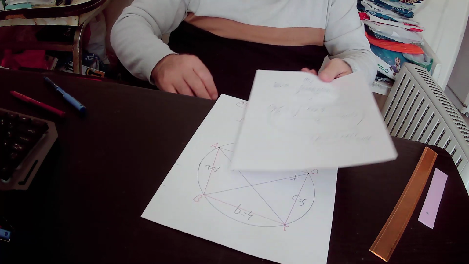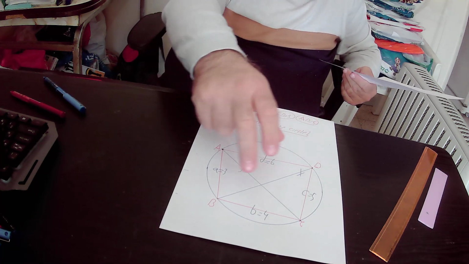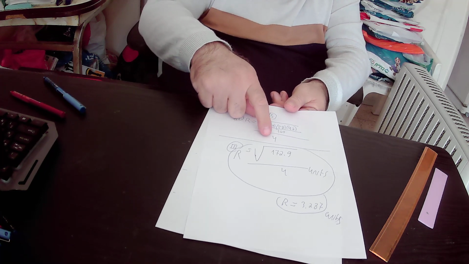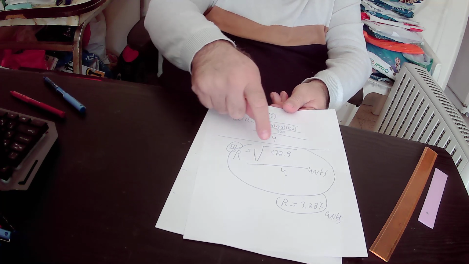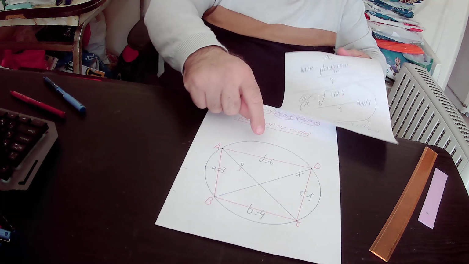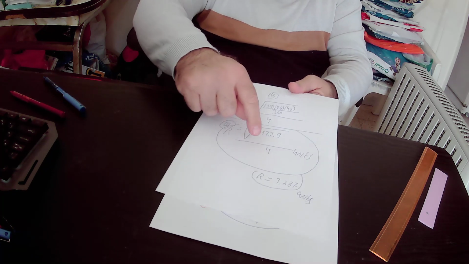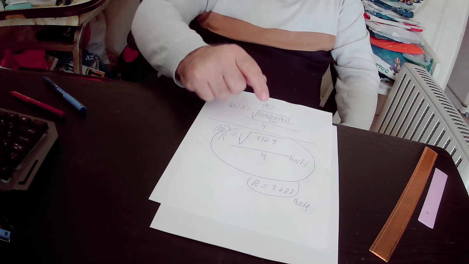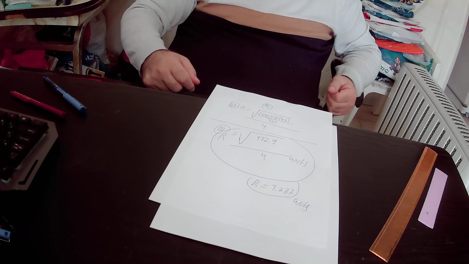I will repeat again, the radius of this circle equals either the root of 172.9 over 4 units, or in terms of numbers, 3.287 units. Okay, thank you very much.